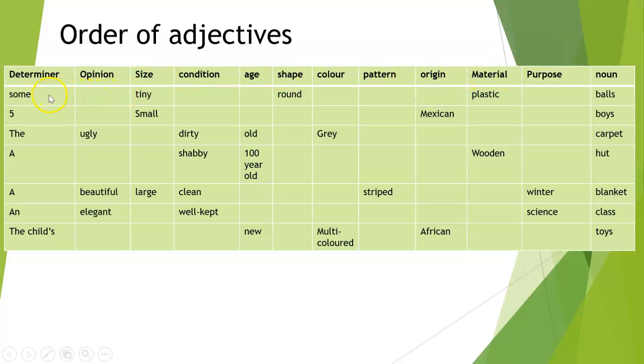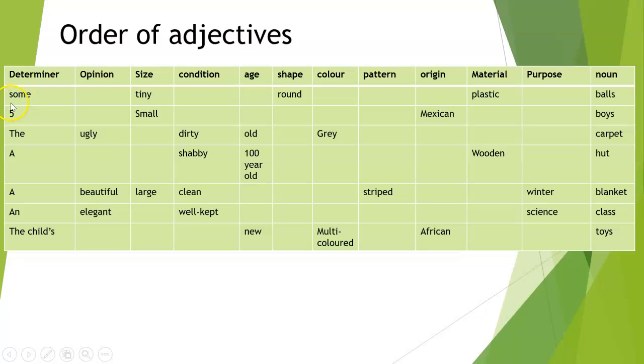So we would say some tiny round plastic balls. When we say determiner, it's going to be a word that's basically going to put a number to something. So we know that some is plural, it's more than one.